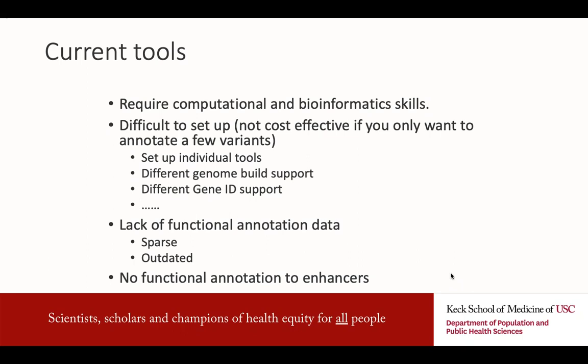All these nitty-gritty things make it very difficult for labs to use them without the help of a core. And it's not very cost effective if someone wants to annotate just a handful of variants and has to go through all this hassle to set up those tools.